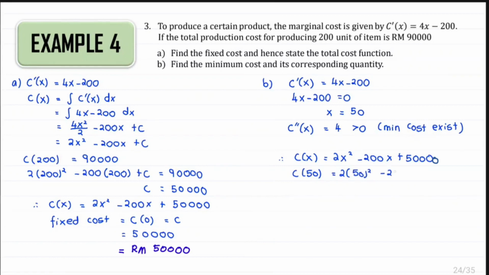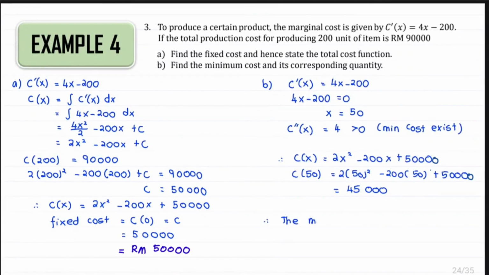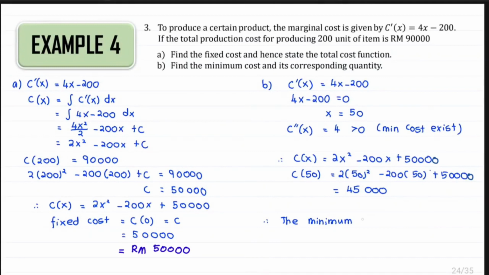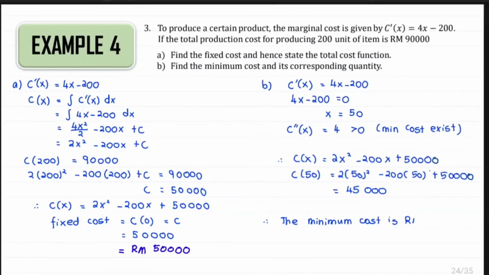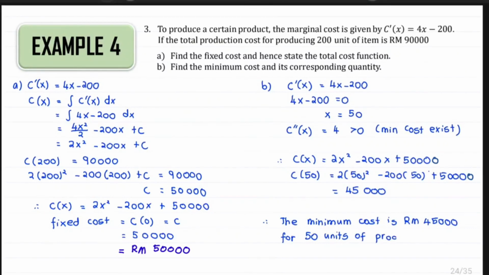Then we solve. We get the answer 45,000. We conclude the minimum cost is RM 55,000 for 50 units of production level.